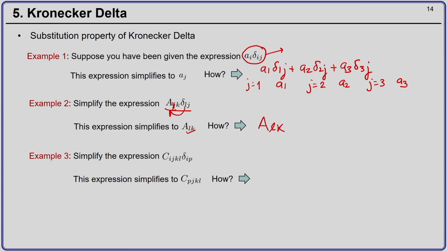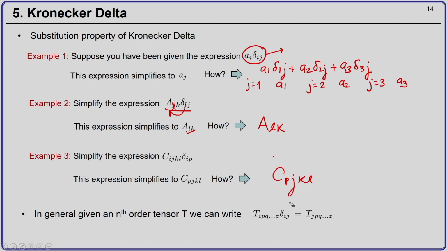Similarly, the third expression Cijkl delta ip. Here you have i, which is repeated. So, i will drop off and p will go and take the place of i in C. So, you will have p here and then the delta drops off.